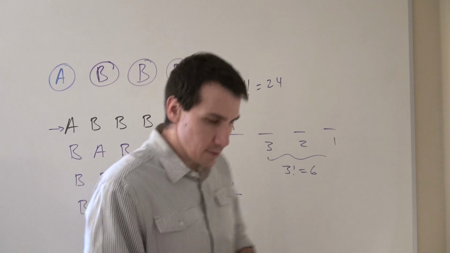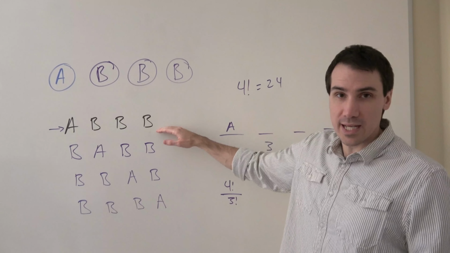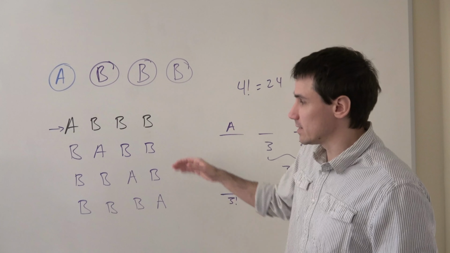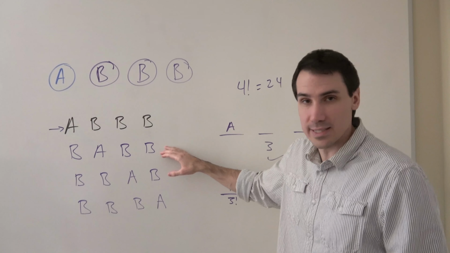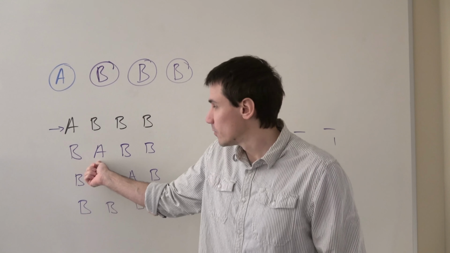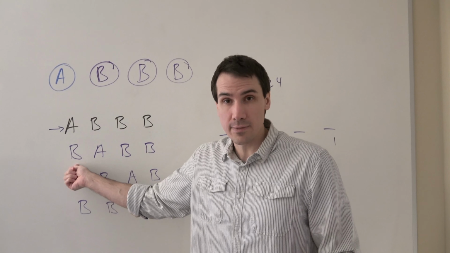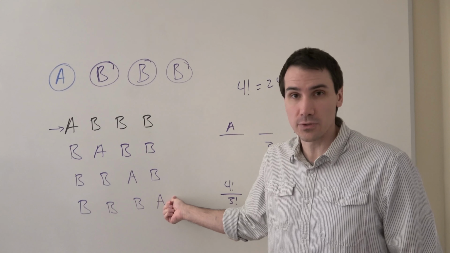And if you're concerned that, well, I only argued it for this one state, it's true for any of these states. If I go to my second state here, if I keep A in the second spot, there are 3 factorial ways of rearranging these B's. And that is true for every single state.